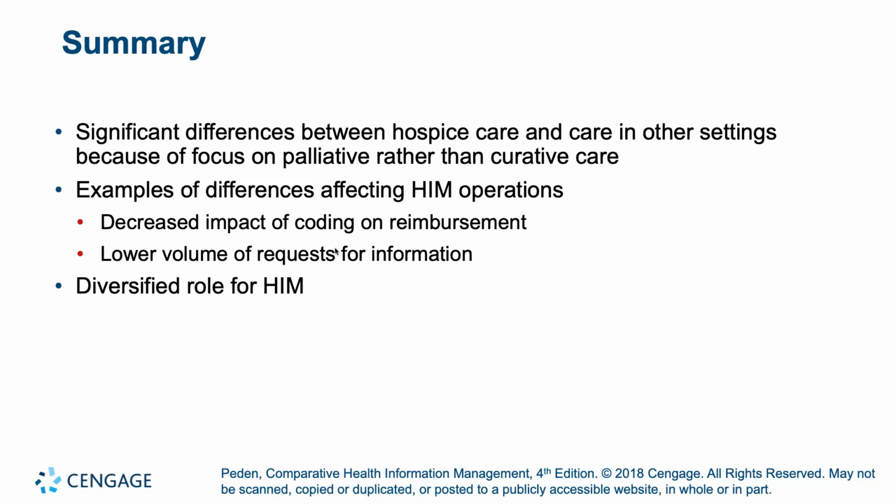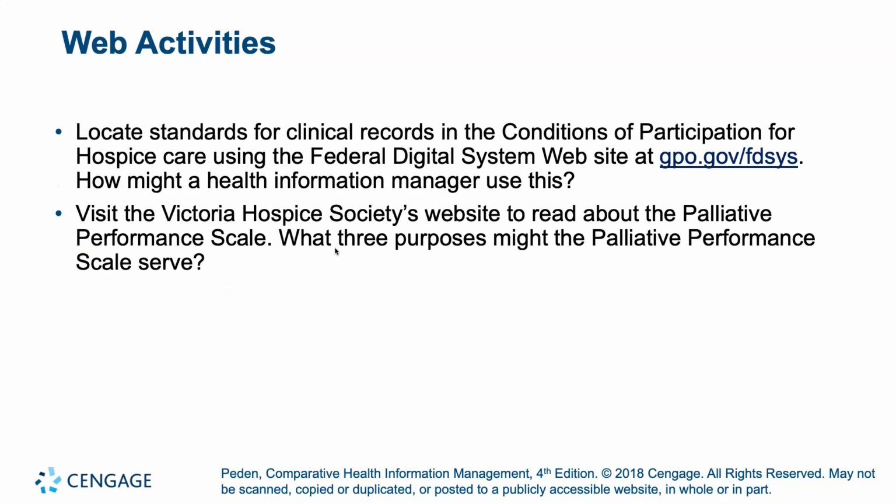There's more to it with hospice, a chance to really branch out and possibly get into credentialing and privileging, quality management, risk management, HIPAA privacy and security, a little bit more than what you can get in some of the other areas. So here's some web activities if you're interested.